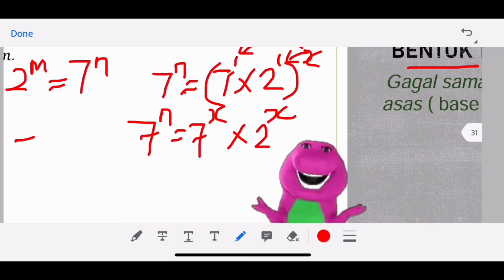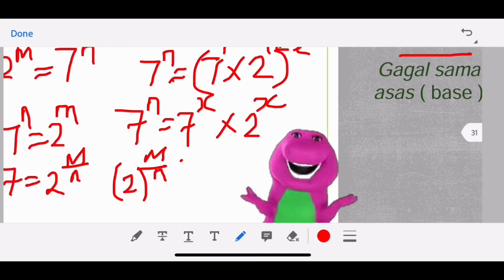So I will write 7 is equal to 2^(m/n). And then when I see 7, I will substitute it as 2^(m/n). Can you do that? The n you bring over to the other side, you have to divide. So whenever I see 7, I will write it as 2^(m/n), then it is equal to 2^((m/n)x).